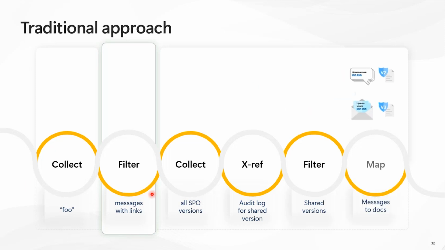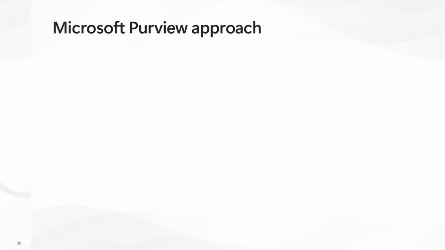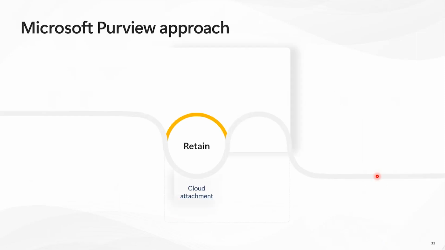We would need to filter that information, make sure that we really only pull out relevant information. Then we would recollect again, and cross-reference that. Then we would filter again, and we end up with a final picture of all our messages, or all information relating to this litigation case.